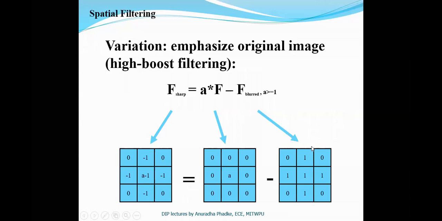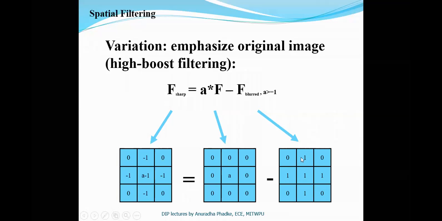Instead of a 3 by 3 neighborhood, now we are considering only horizontal neighbors and vertical neighbors. So this is also one of the variations of the smoothing filter, where instead of a 3 by 3 neighborhood, we are simply considering the 4 neighborhood. And all these coefficient values are identical, which means this gives an averaging effect.